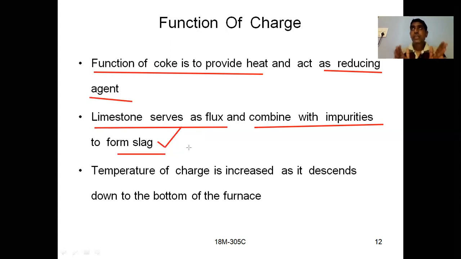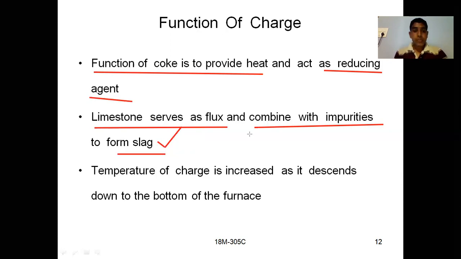Here limestone acts as a flux. Flux is nothing but a substance that reacts with the impurities and forms slag, so that slag can be easily removed.